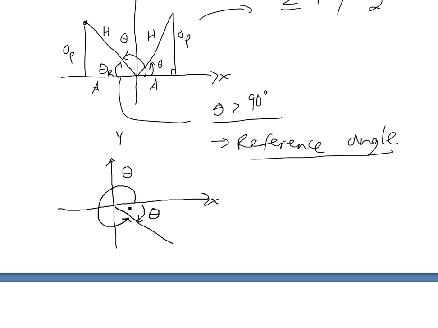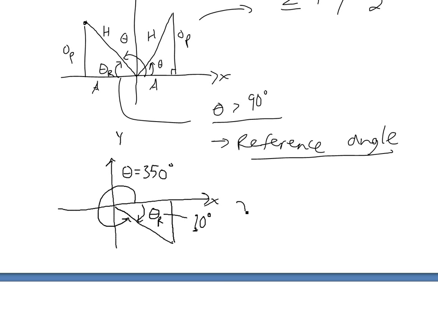Let's say this is 350 degrees, then the reference angle would equal 10 degrees, or negative 10, depending on the direction.